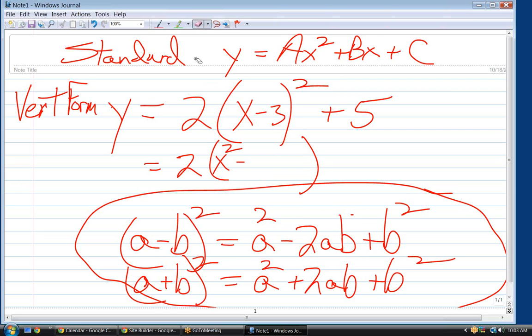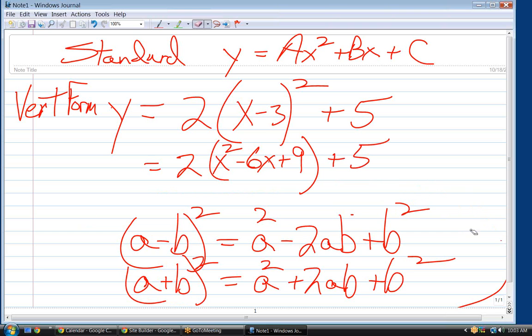So that's minus 6x. What's the last term? 9. Plus 9, you need the plus sign there. And we still have this plus 5. Okay? So the first step, relatively easy. And do try to memorize both of these.